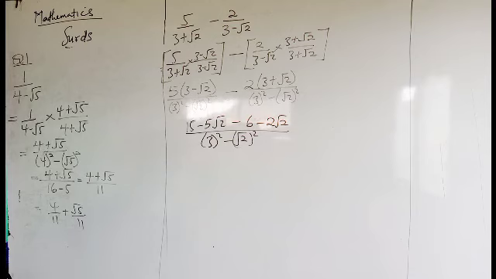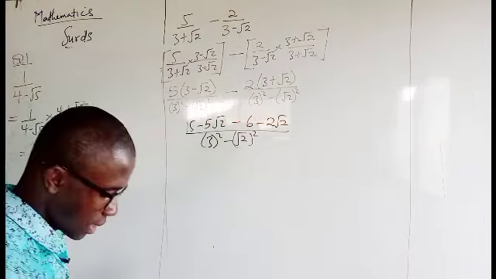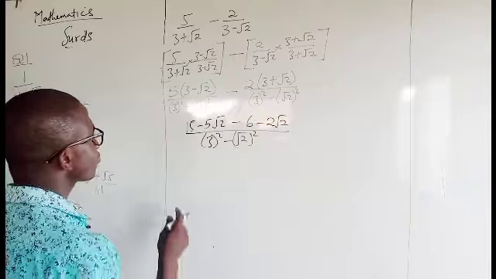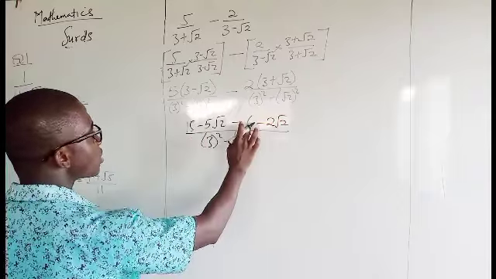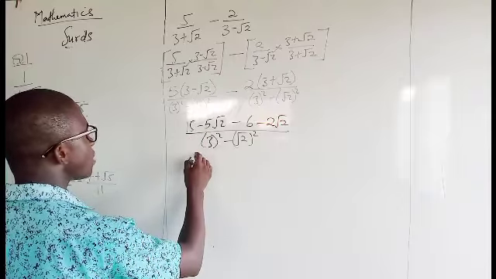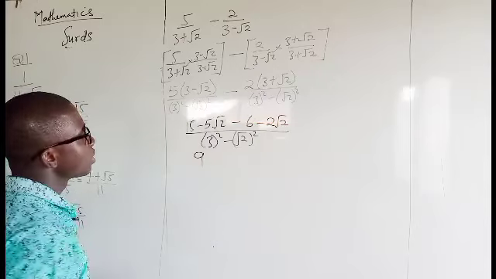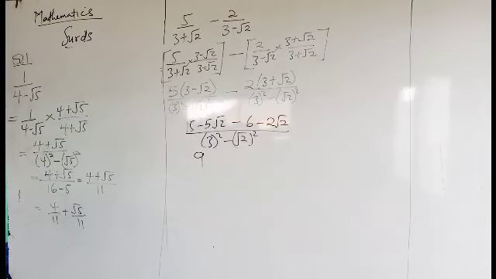I hope it's clear. Okay, so let's do the subtraction. 6 from 15, we get 9. Now, negative 5 root 2 minus 2 root 2.